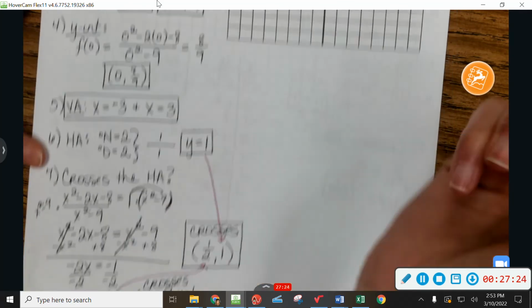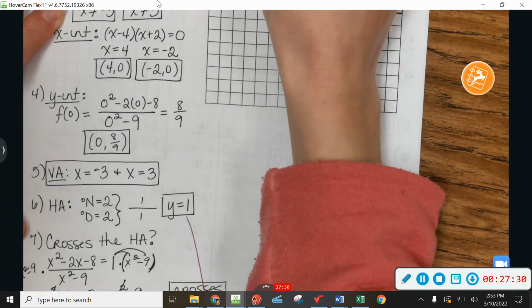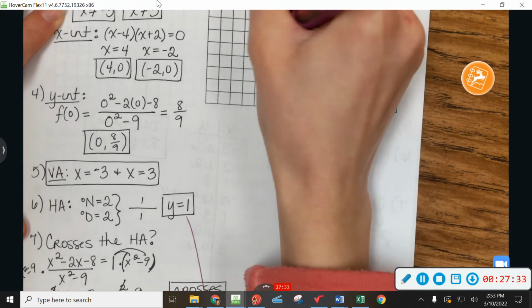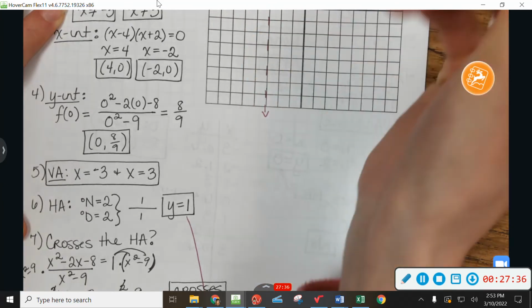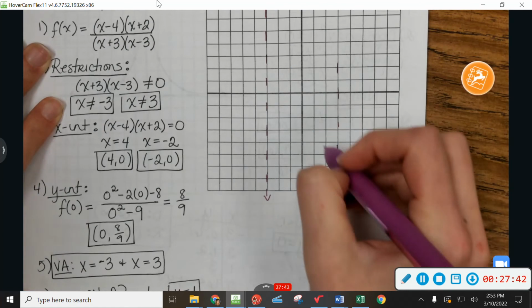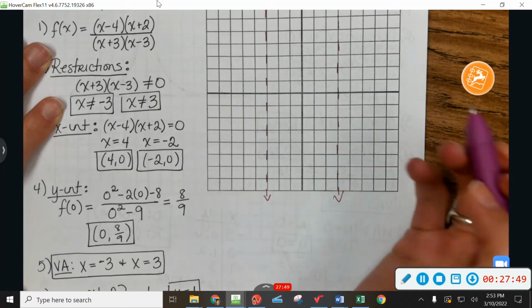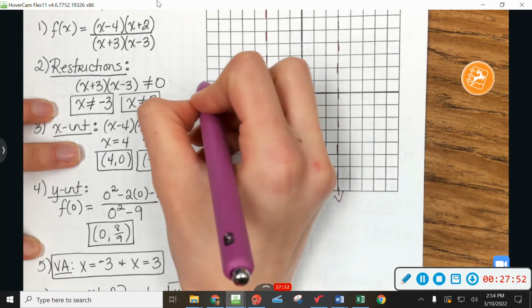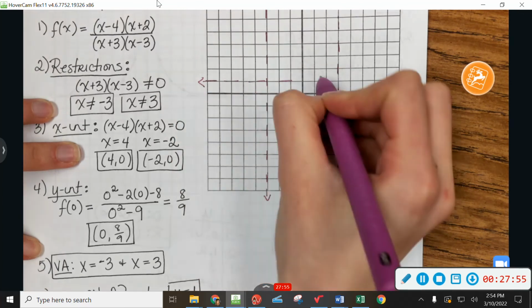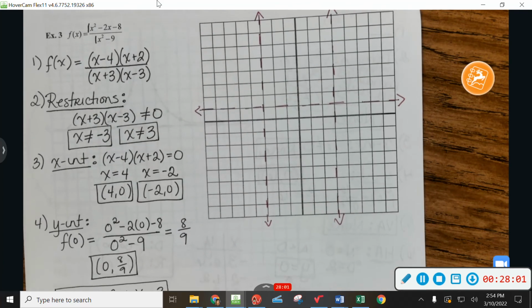Okay. So I'm going to graph my asymptotes. So my two vertical asymptotes cut that into 3 separate parts, okay?